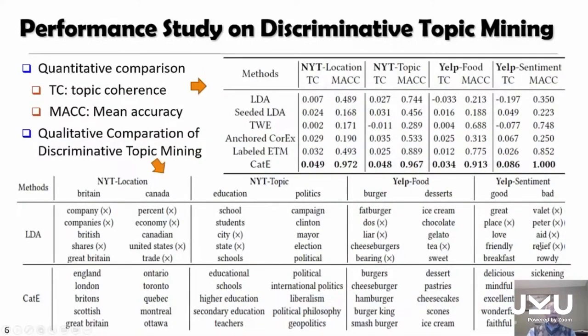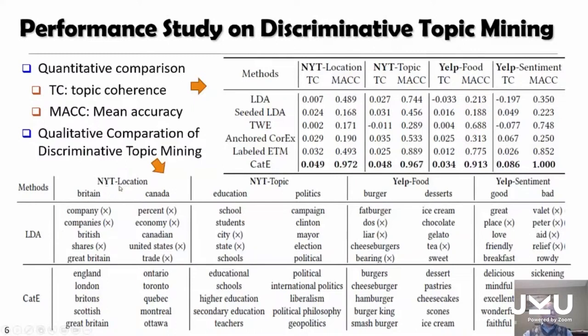With this idea, we developed a method called CatE. You can see that, compared to many other methods, it has both higher topic coherence and mean accuracy on many tasks, like on the New York Times with location-guided or topic-guided embedding, or on Yelp with food-guided and sentiment-guided embedding.